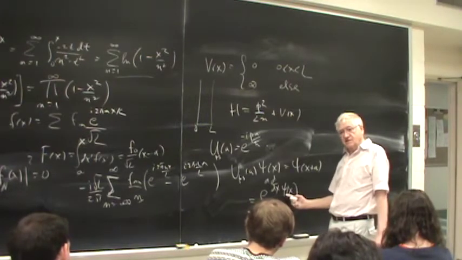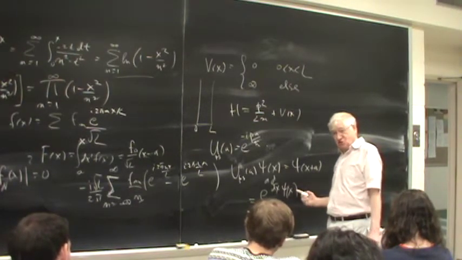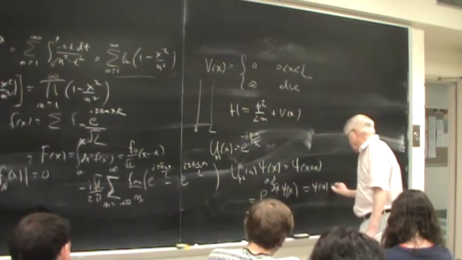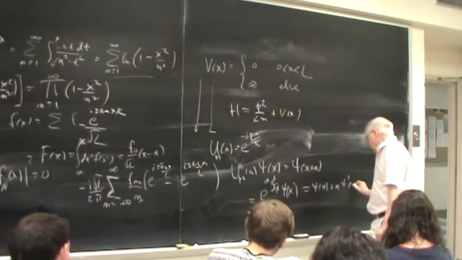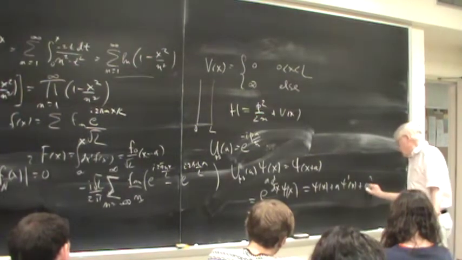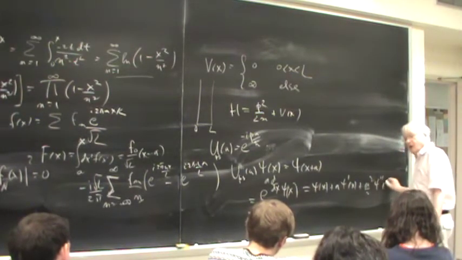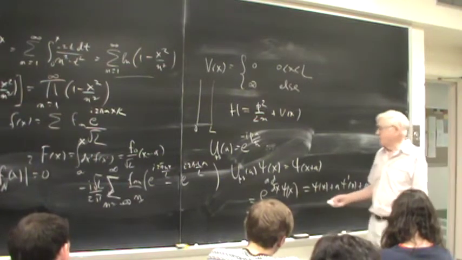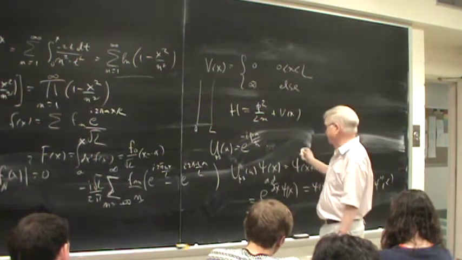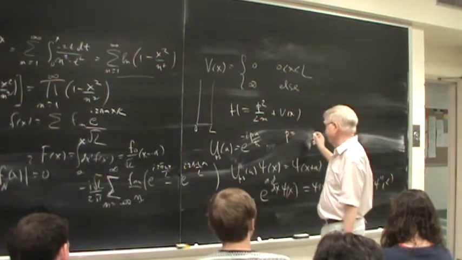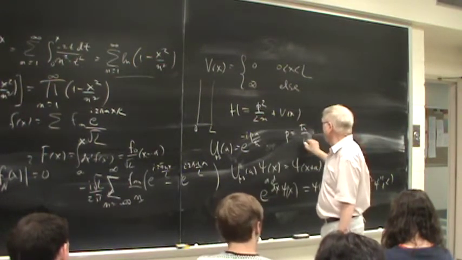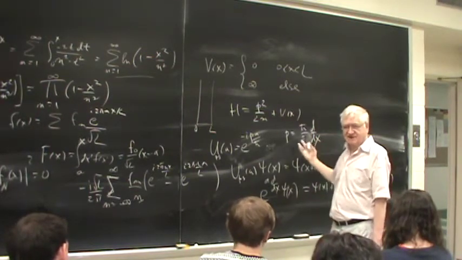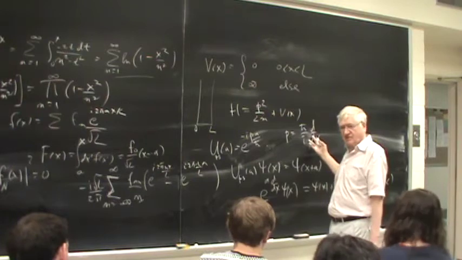Because, undergraduates, this generates the Taylor series. This is equal to psi of x plus a psi prime of x plus a squared over 2 psi double prime of x and so on. And so if we want these two to be true, then p has to be h bar over i d by dx. And that's where this comes from.